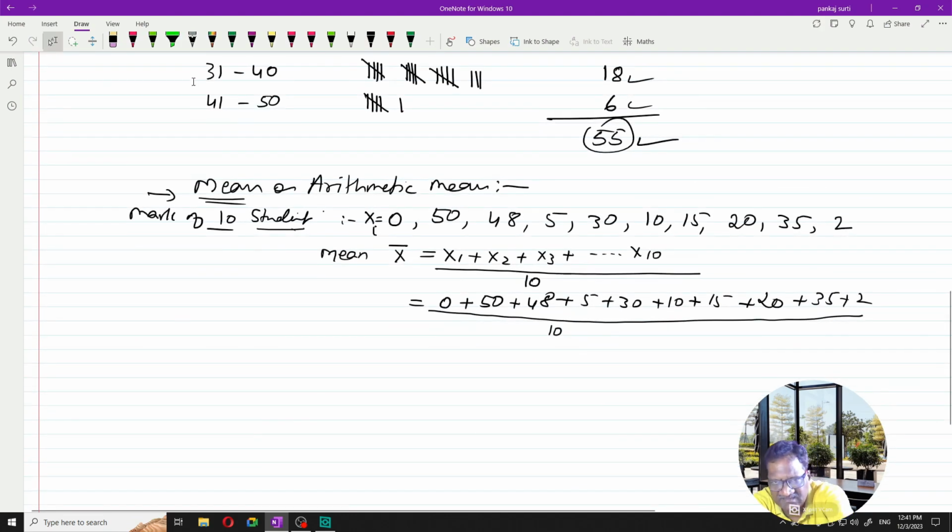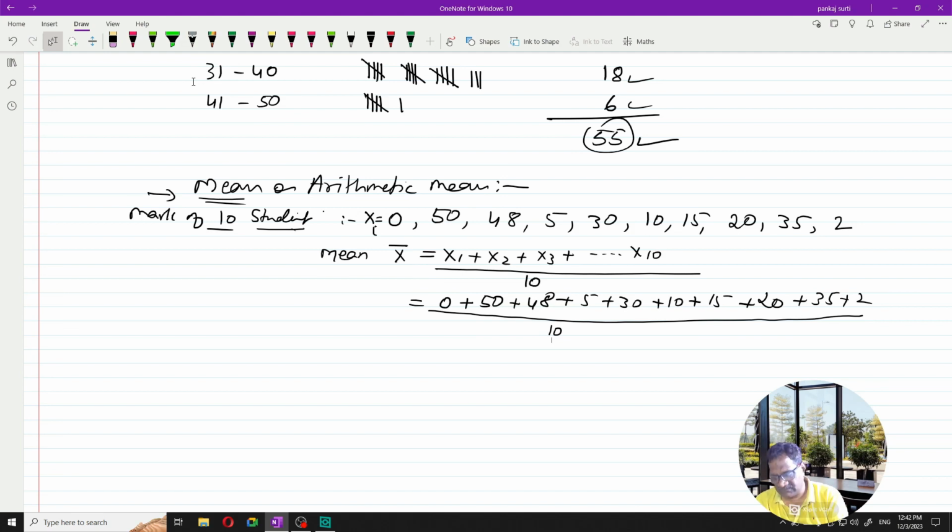So let us do the calculation quickly. That is 0 plus 50 plus 48 plus 5 plus 30 plus 10 plus 15 plus 20 plus 35 plus 2.